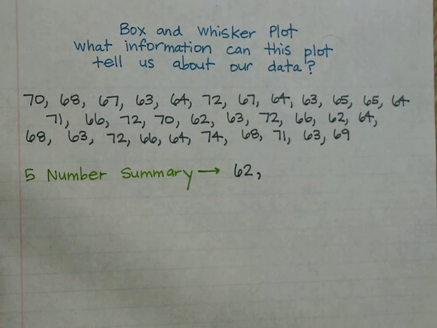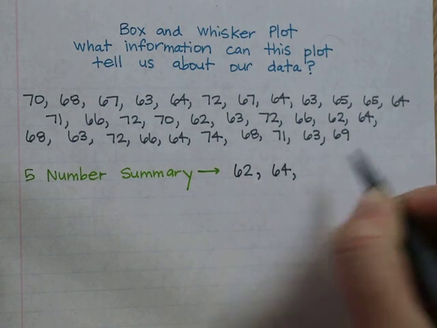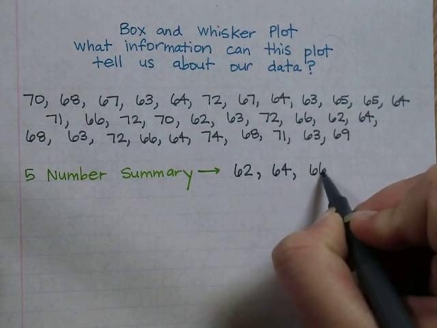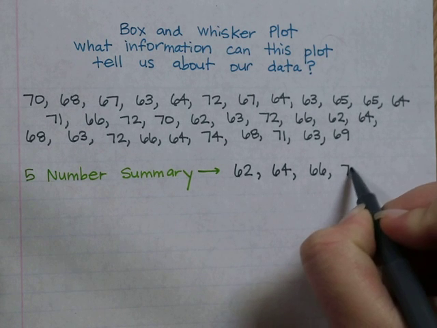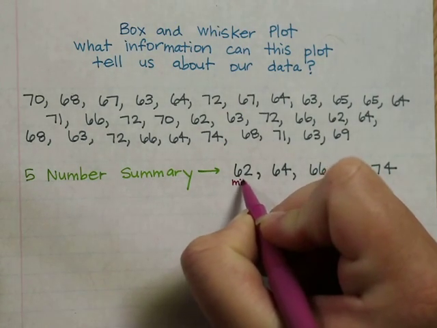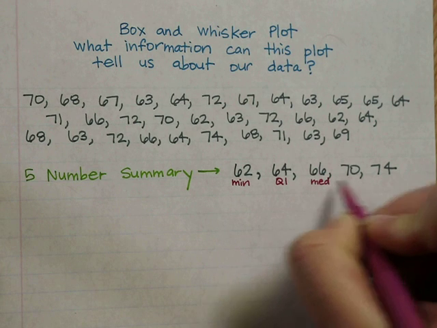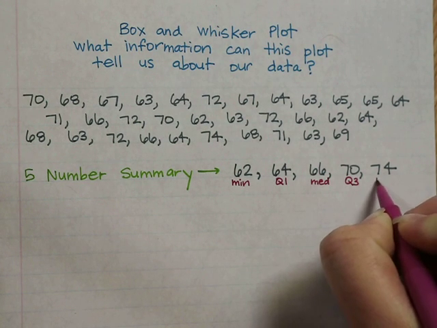And then I will go in and fix that in my calculator later. So 64, 66, 70, and 74. Right? So if you're remembering, this is our min, this is our Q1, our median, our Q3, and our max.